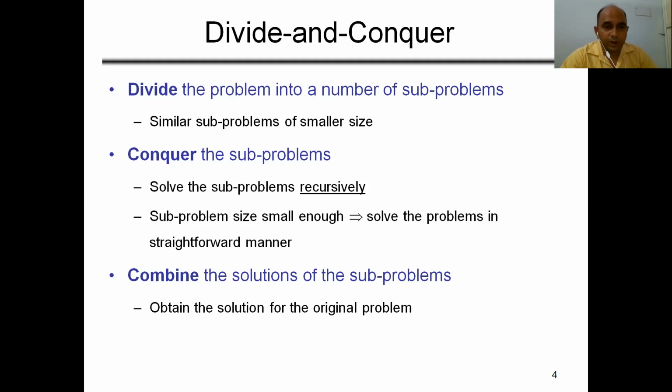When the size of the sub problem is small enough, that is the base condition, and the algorithm stops. Then comes the third step, called combine or merge, in which we merge the solutions of the sub problems to get the solution of the original problem.